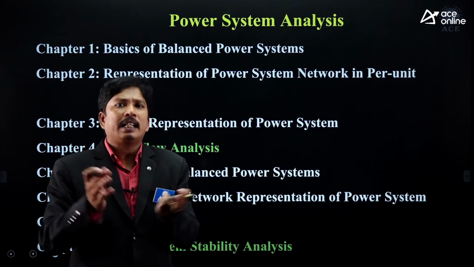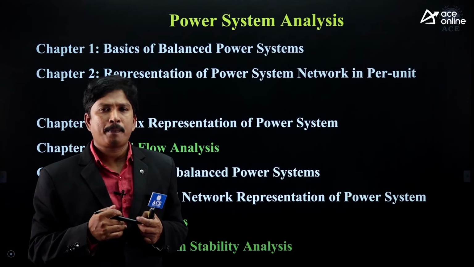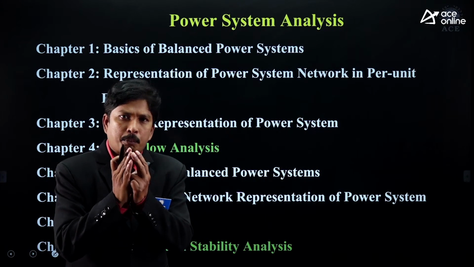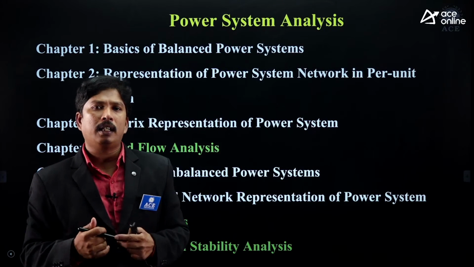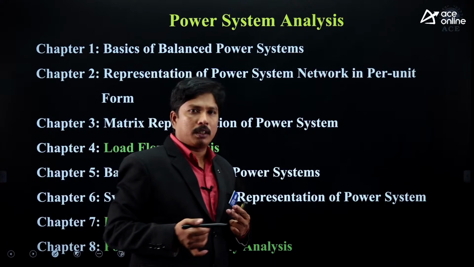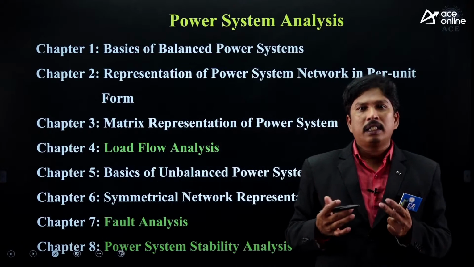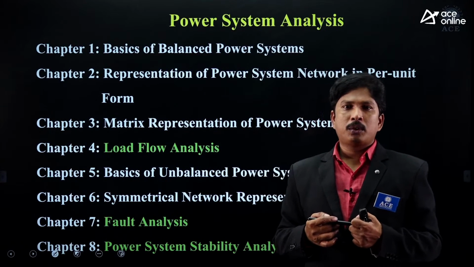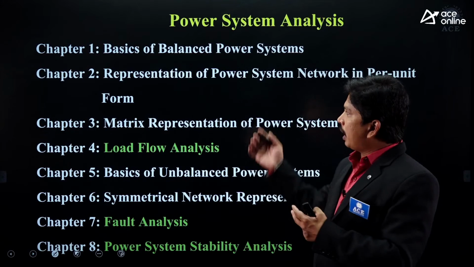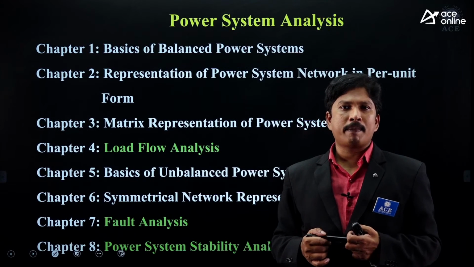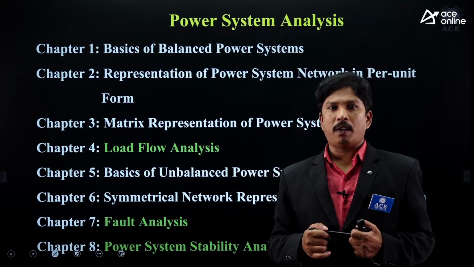It is not electrically coupled but magnetically coupled, so it provides a discontinuity path in the power system network. As many transformers as there are, that many discontinuity paths we have. To avoid that difficulty, we go for representation of the power system in per unit form.